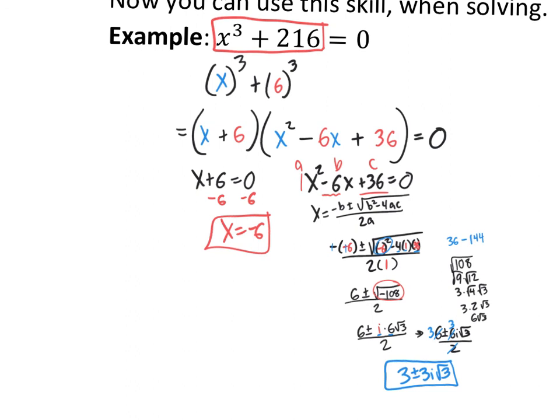We do have 3 total answers for this third degree equation. 1 is real, and 2 of them are imaginary. So I already know that the end behavior is going to be in quadrant 3 and quadrant 1. And I know that this squiggly line crosses through the x-axis at one location. That location is negative 6.